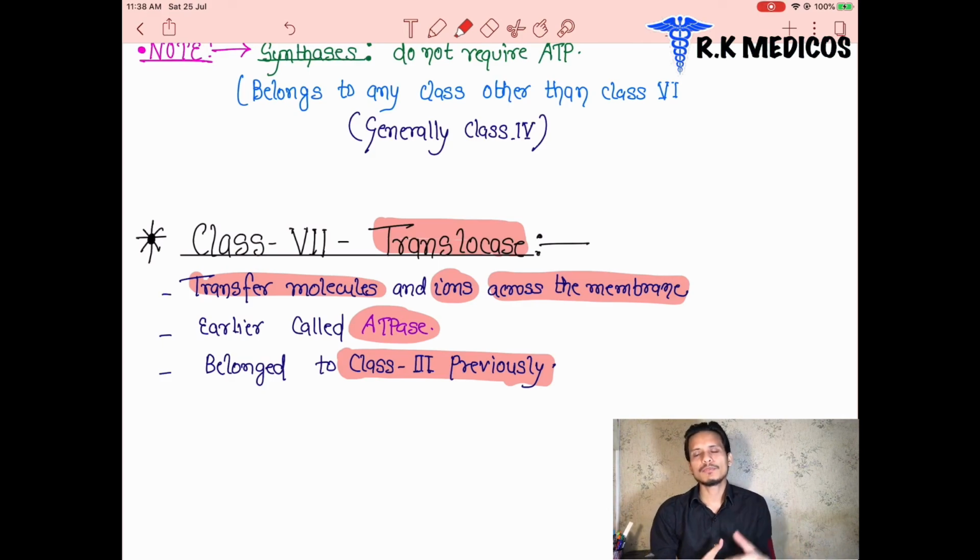It's very easy to memorize, because when we memorize it one time, we can apply it in the different sections of biochemistry. So you have to memorize it at once, and we will use it in the different sections.